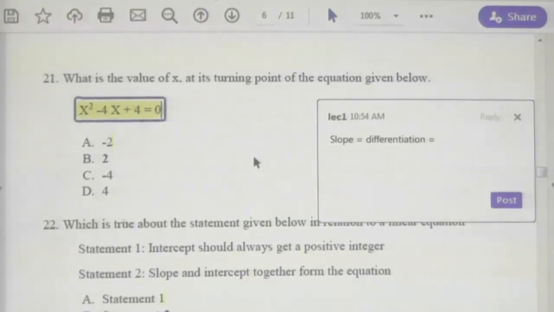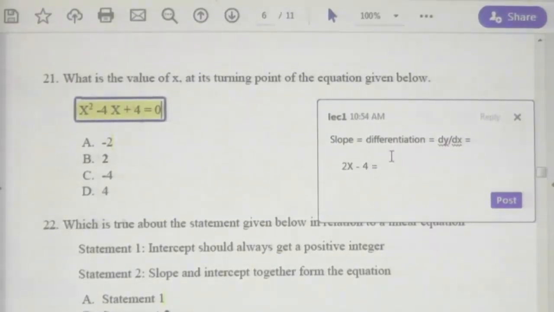Once you differentiate this equation, power 2 multiplied by the coefficient gives 2x, minus 4: here power 1, 1 into 4 is 4, 1 minus 1 is 0, therefore x vanishes. Therefore, this is the slope.